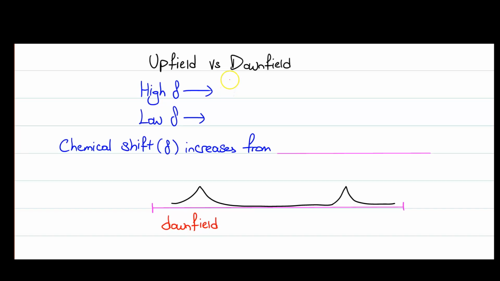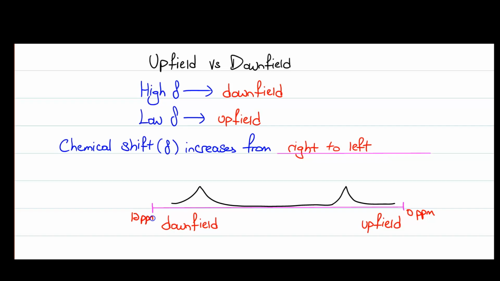Higher chemical shift equals downfield. A signal further to the right has a smaller chemical shift and is described as upfield. Lower chemical shift equals upfield. Chemical shift increases from right to left, from 0 ppm to 12 ppm.